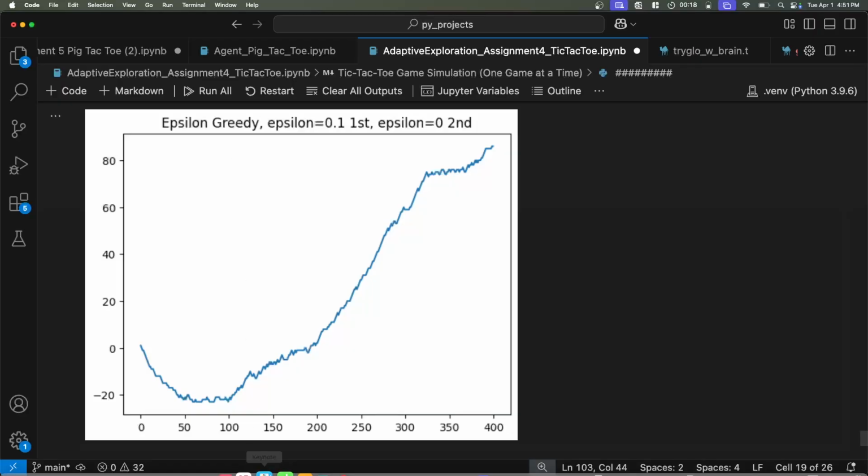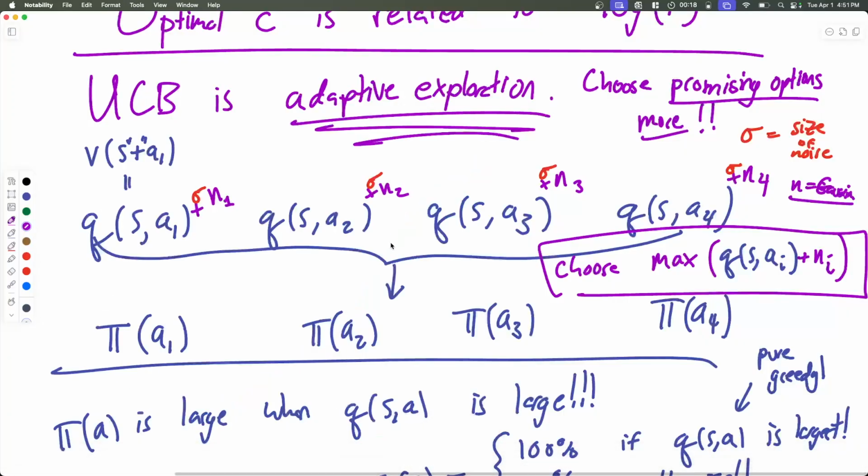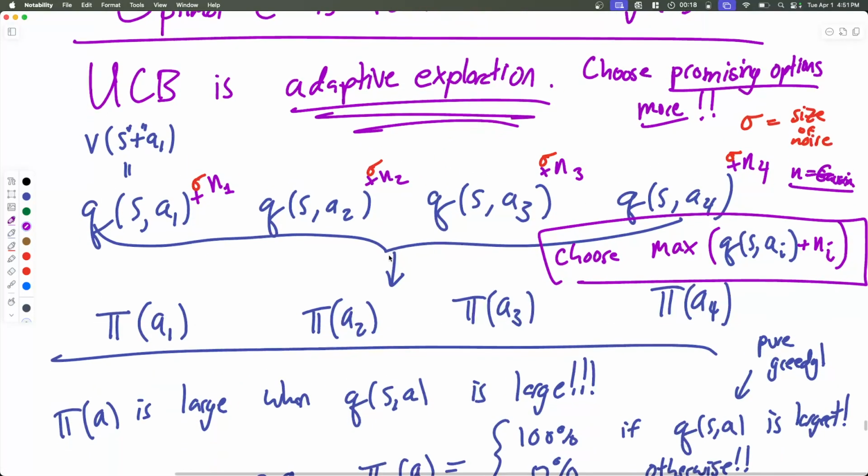This thing has a name. This algorithm is called follow the perturbed leader. That's another Napoleon joke for you. The reason it's called follow the perturbed leader is because you don't follow the one who's actually the highest.